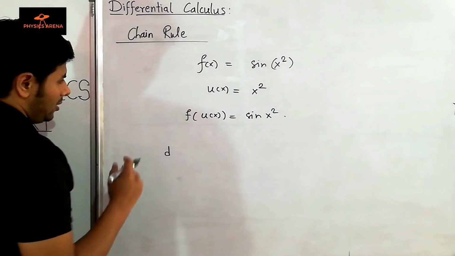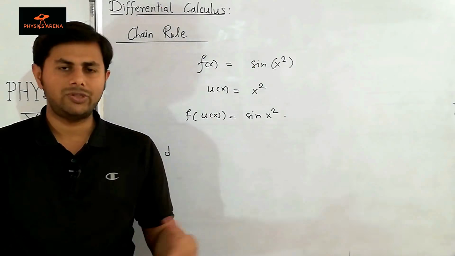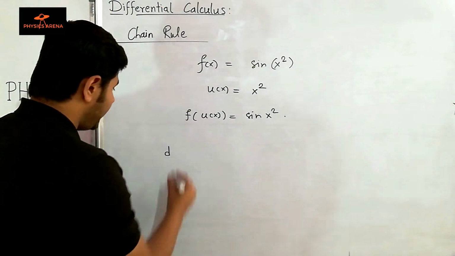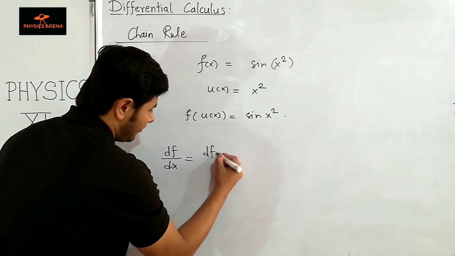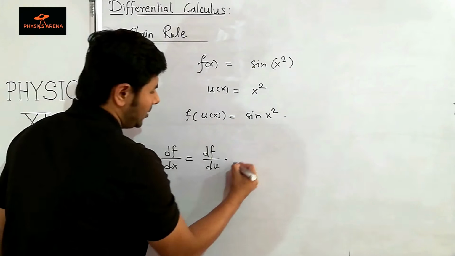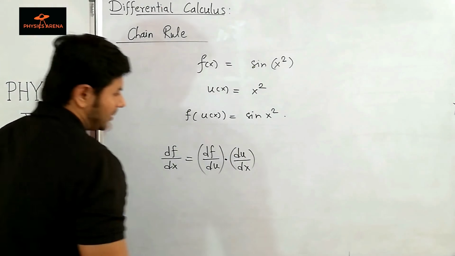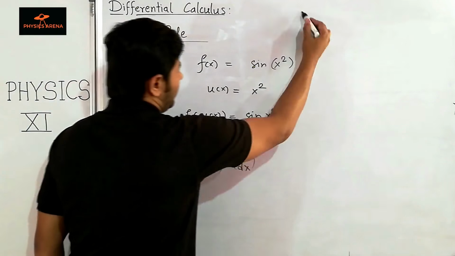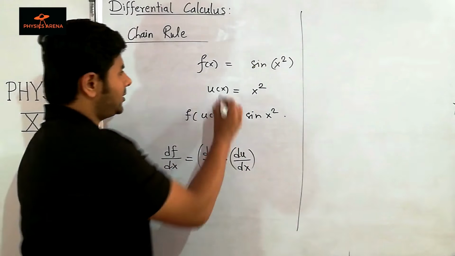If f is a function of u and u is a function of x, then df by dx goes like df by du, the derivative of f with respect to u, multiplied by du by dx, the derivative of u with respect to x. So in this case, let's take this example.